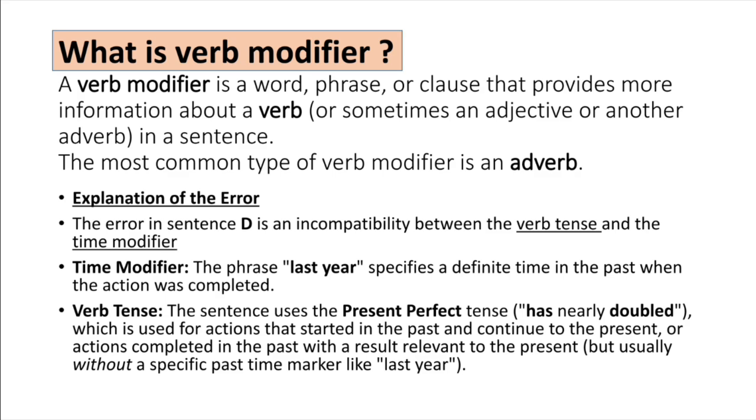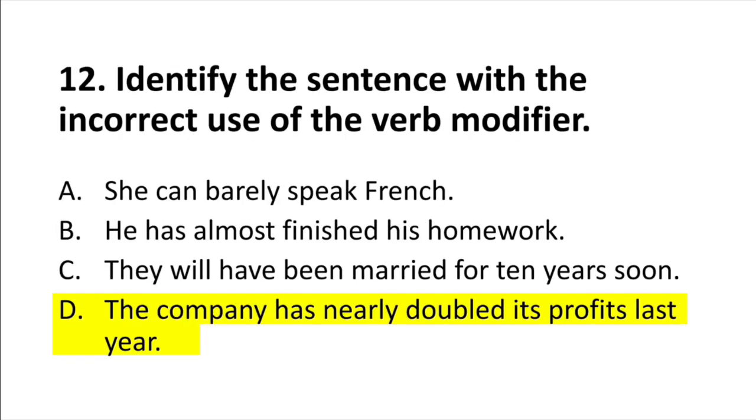However, the sentence uses the present perfect tense, "has nearly doubled," which is used for actions that started in the past and continue to the present, and actions completed in the past with a result relevant to the present, but usually without a specific past time marker like "last year." So the error is in option D.